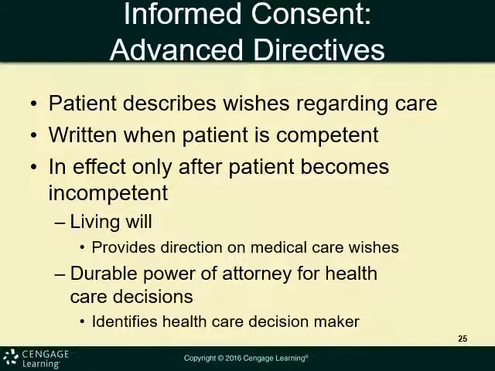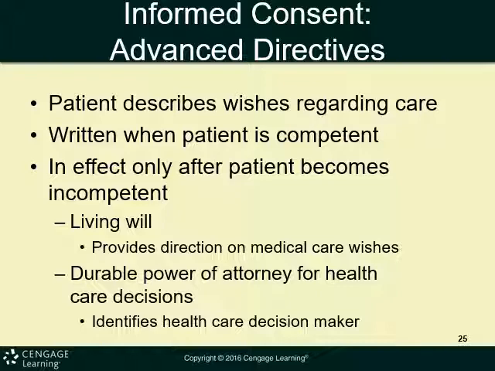Advance directives are defined as written instructions that are recognized under state law. They include things such as living wills or a durable power of attorney for healthcare. They relate to the kinds of healthcare that a patient wishes to have or not have when incapacitated. A living will is a document that's exercised while a patient is competent.